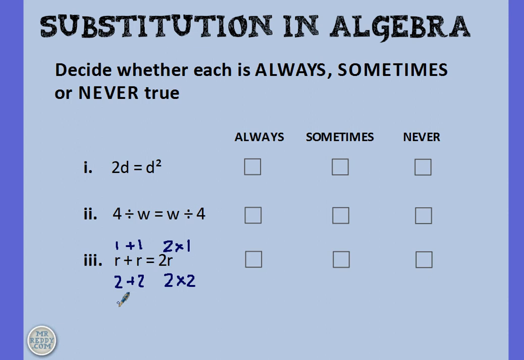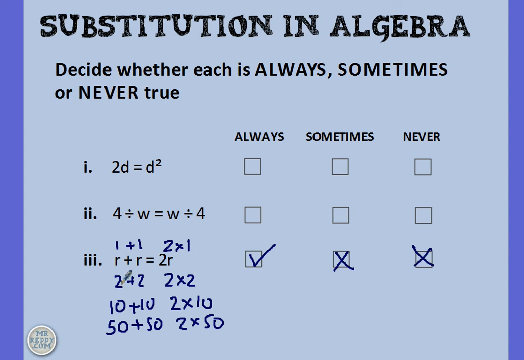If r is 10, I could do 10 plus 10, and then over here I would do 2 times 10. They're both 20. If r was 50, 50 plus 50 and 2 times 50, they're both 100. Well, it looks like they are always going to be true.